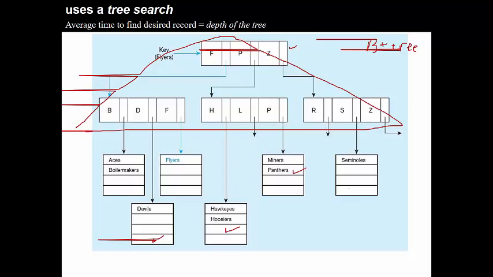If you want to make sure your system supports users' inquiries in an acceptable return time consistently, then B plus tree may be the solution.